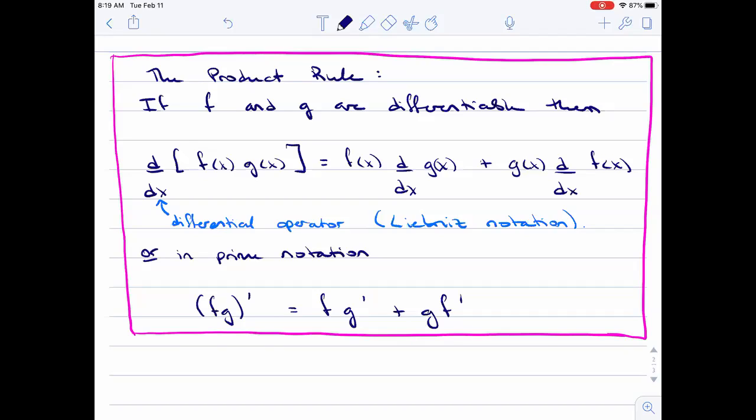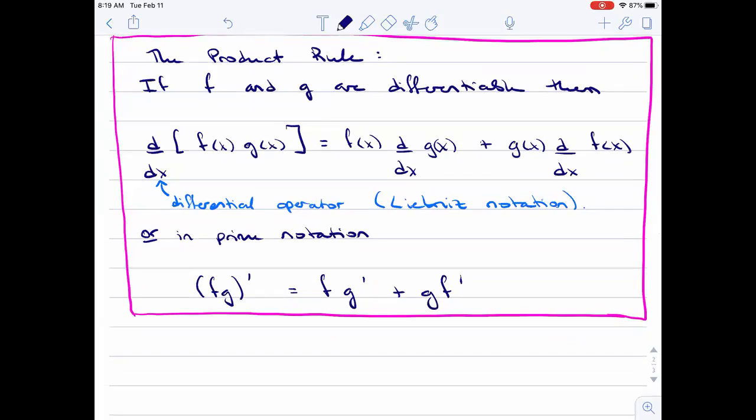So both of them or just the prime notation? Just the prime notation. If you use the differential operators, I wouldn't care. They're the same. Don't mix the two in one go, though. That would be weird. But otherwise, either one that you prefer is fine.